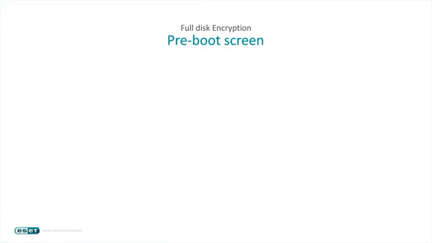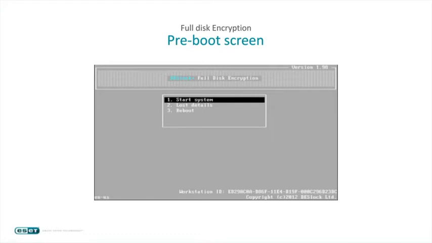With the pre-boot screen, whenever you turn on a computer or reboot a computer, you're brought to a screen right after the BIOS. In order for Windows to boot up, this screen needs to be completed, either by clicking Start System and typing in your username and password, or by clicking Lost Details, and the admin can reset your password from a central location.